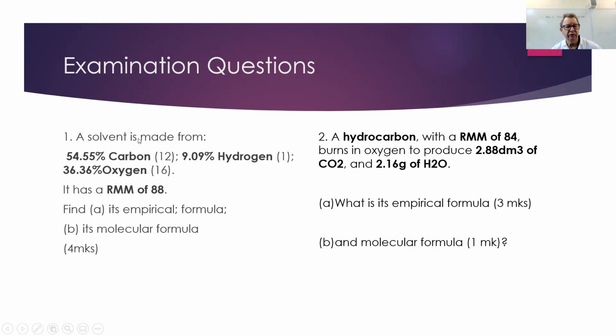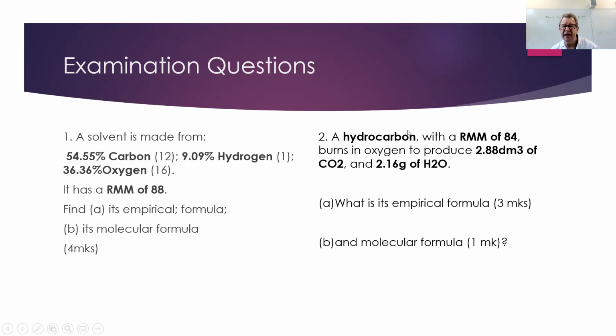A solvent, that just means a liquid which we dissolve other things in, is made from 54.55% carbon, 9.09 hydrogen, 36.36 oxygen, and its RMM is that. Find its empirical formula and its molecular formula. 4 marks.